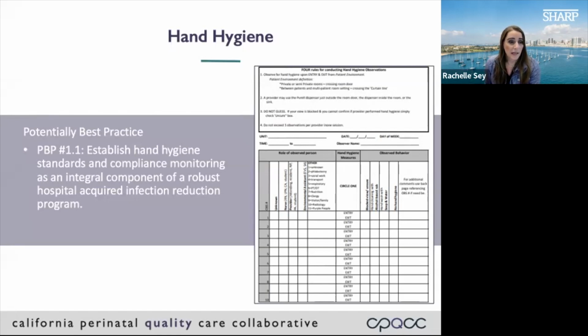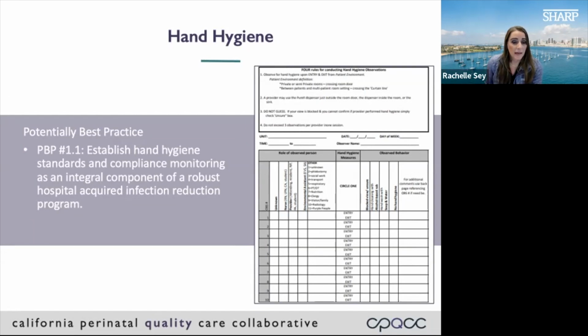And in order to do that, we should take a multimodal approach to hand hygiene improvement that includes education, monitoring, and reporting of our compliance. And you can use a multitude of different formats for your training and education with staff, and using hand hygiene monitors to help with compliance through observation of our hand hygiene protocols, and use of real-time peer-to-peer feedback is important.